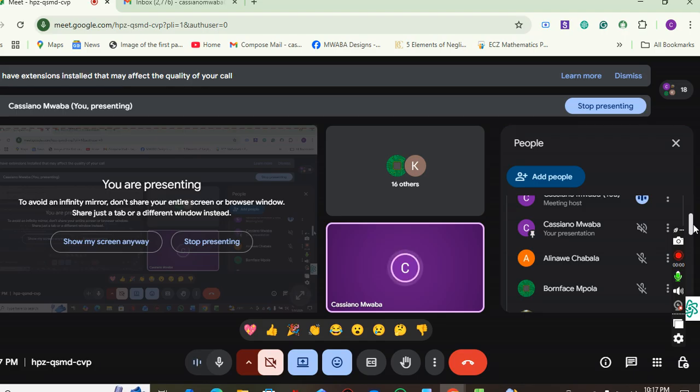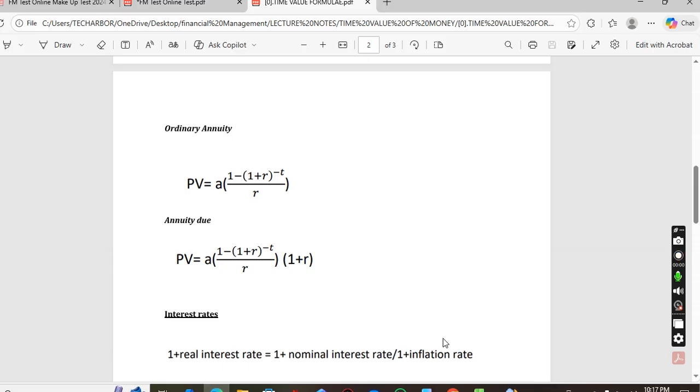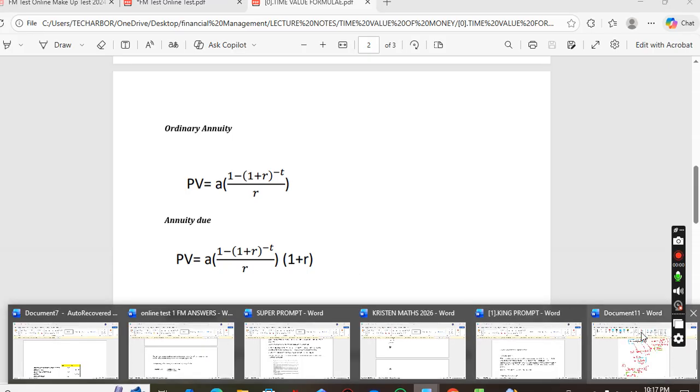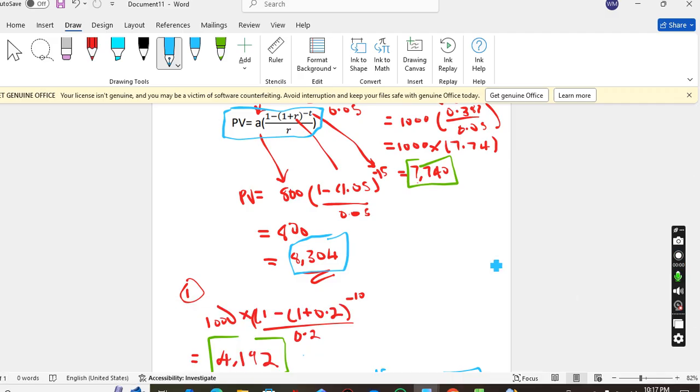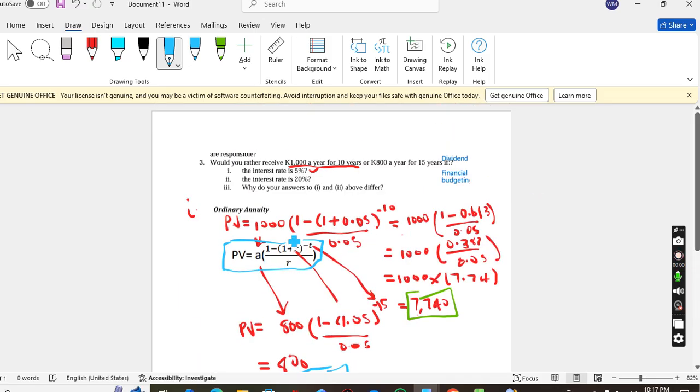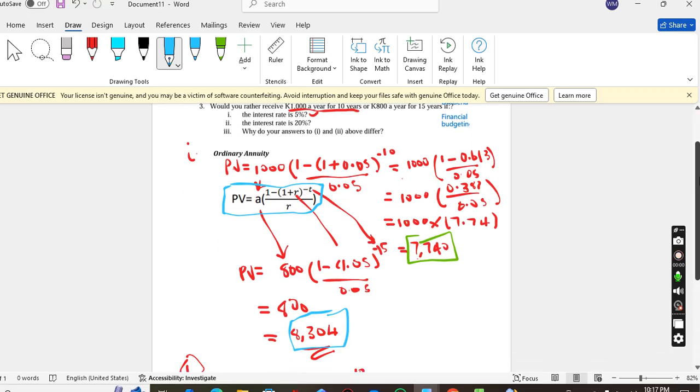Okay, so here's the main point you need to remember. When the discount rate is low, you should accept the longer stream of cash flows. In part 1 here, when the discount rate was low, the longer stream of cash flows, which was this 800 for 15 years, gave us a better result. So let me type it down here.